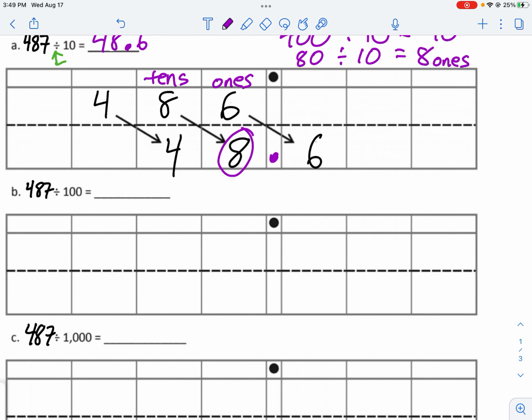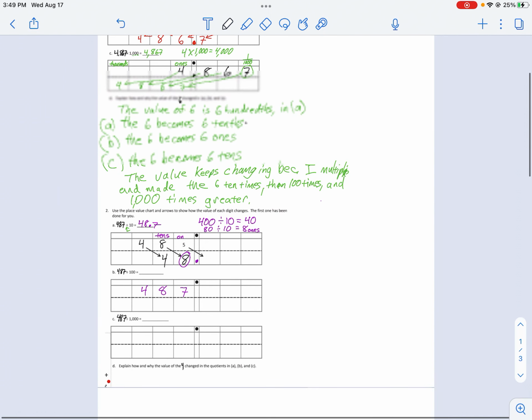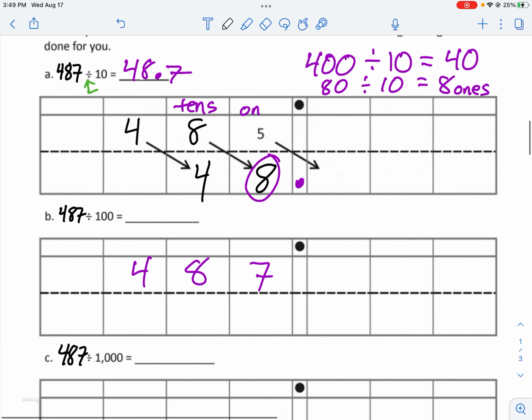Alright, so here, just like we did before, we're going to start off with the 487. Sorry, I just realized the mistake I made. It was supposed to be 6. So excuse my mistake.